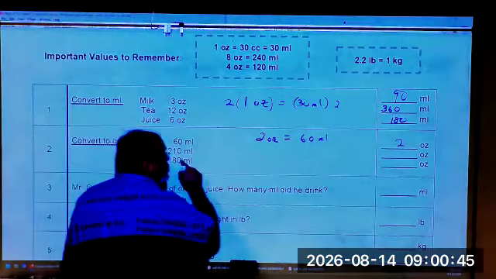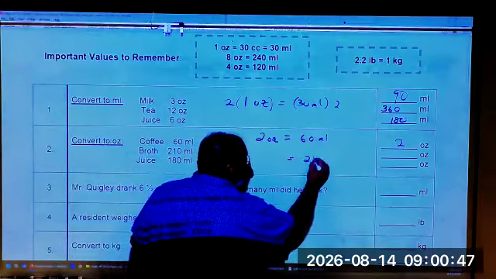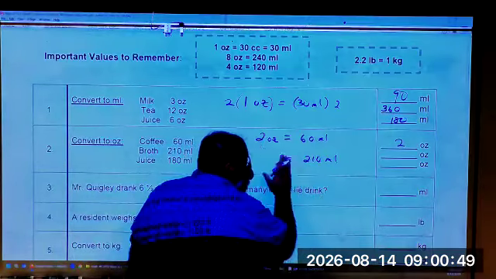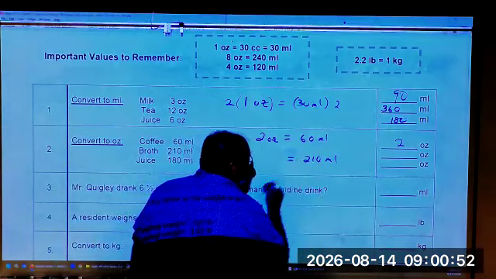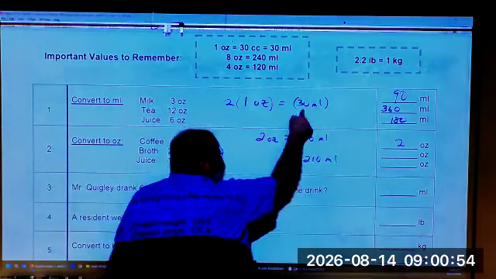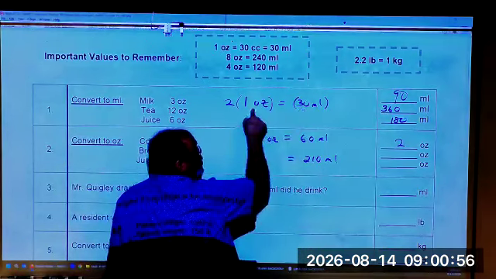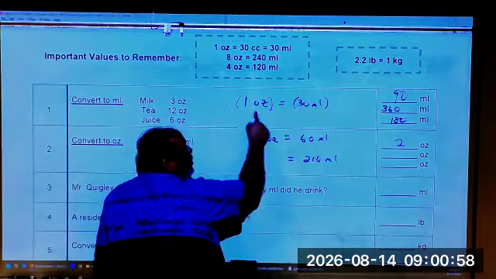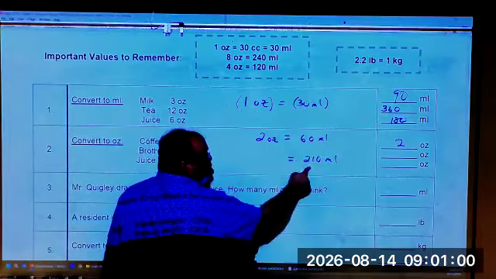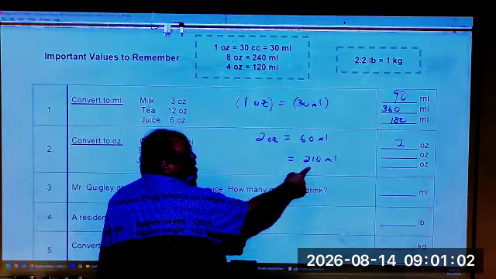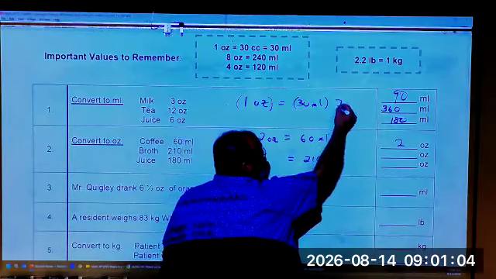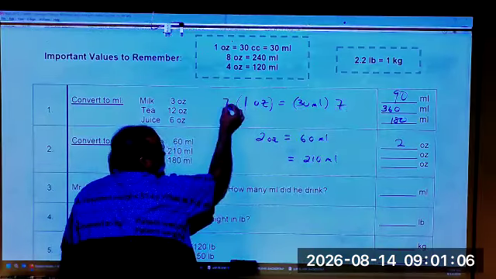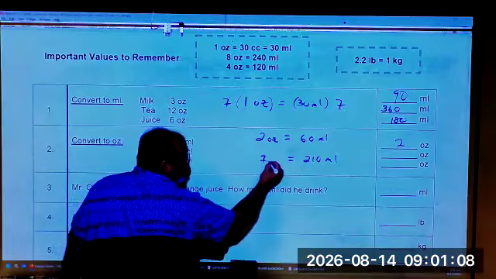I have 210 milliliters of broth. I know what 30 milliliters is equal to, 1 ounce. How do I change 30 into a 210? Multiply by 7. So I have to multiply this side by 7, and that converts it to 7 ounces.